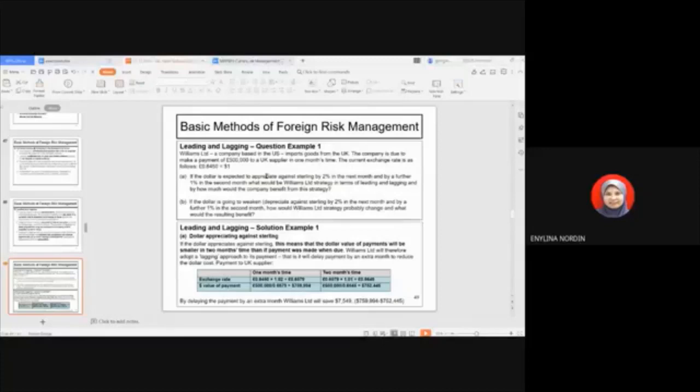So the pound is depreciating in 2 months' time, and there will be fewer dollars to be converted into pounds. As the dollar is predicted to appreciate, there will be fewer dollars to be converted into pounds. So it becomes cheaper for the US company to pay in pounds. Therefore, the US company should adopt the lagging strategy.